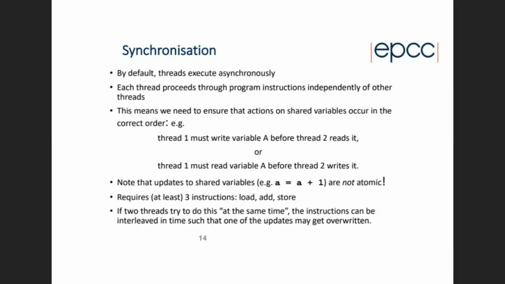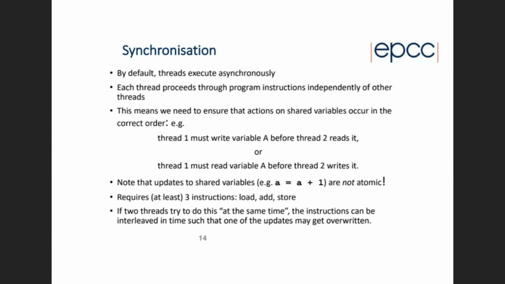Okay. So by default, what happens if 2 threads both try to do this at the same time? If 2 threads are both trying to add 1 to A without any synchronization, then those instructions can get interleaved in time in a way that one of those updates may get overwritten.